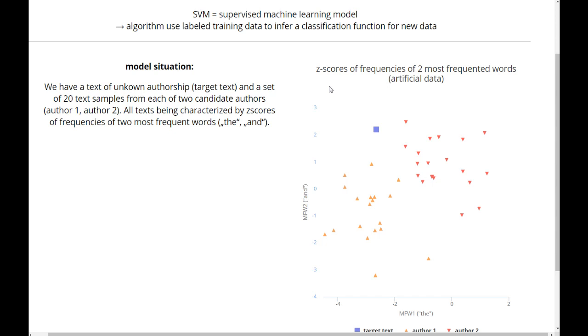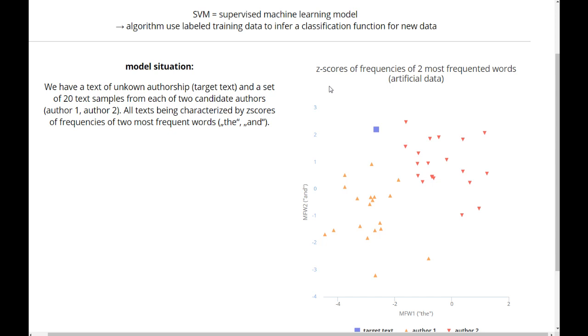The x-axis shows the frequencies of the most frequent words, the first most frequent word, let's say "the". The y-axis shows the frequency of the second most frequent word, which is "and". These are being transformed to z-scores, so that's why the frequencies are going below 0.